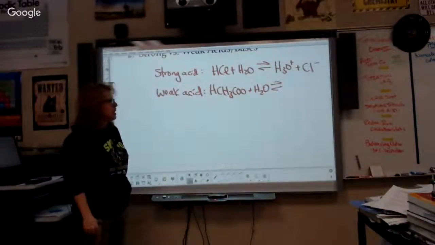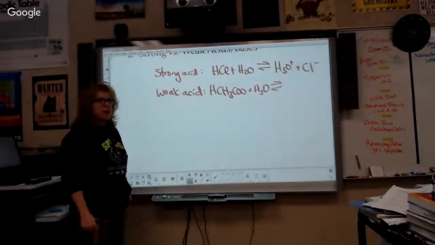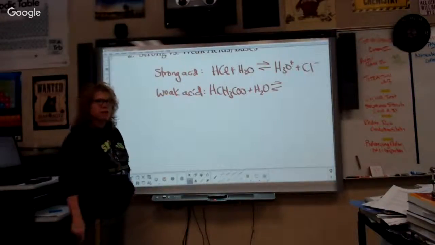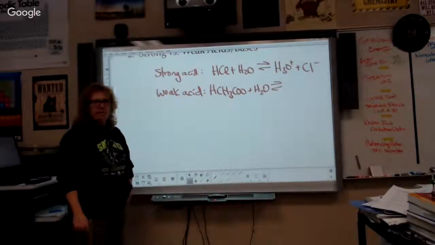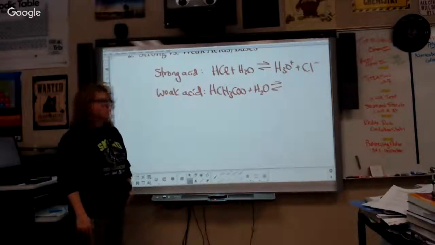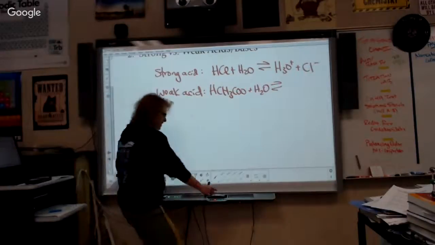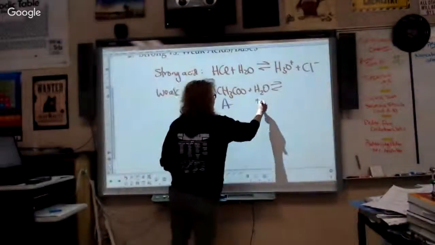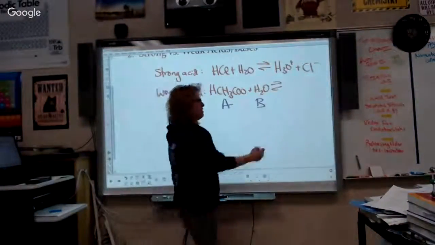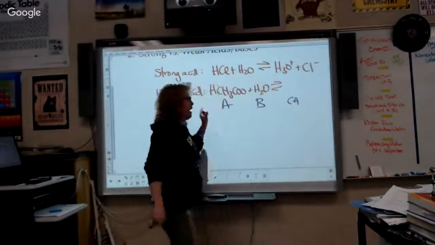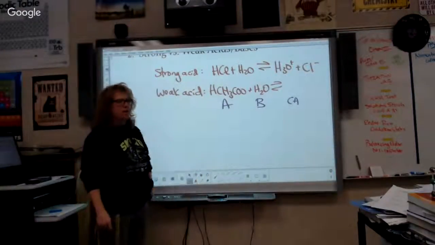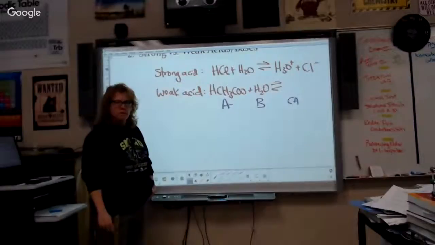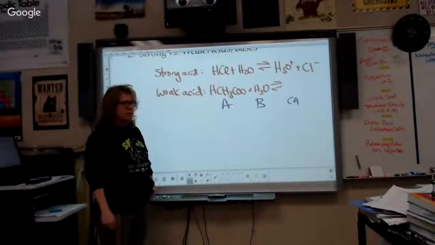Okay, what's our conjugate acid going to be? Conjugate's got to be on the right side. I want to know what my conjugate acid is. So this is what remains after this has given away its proton. Oh, no, sorry, I said it backwards. After it's received its proton.